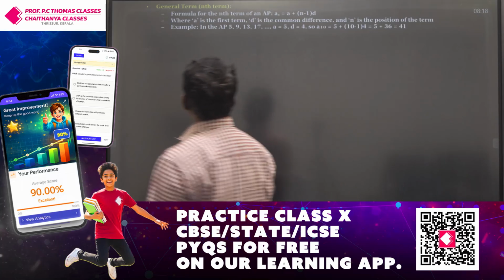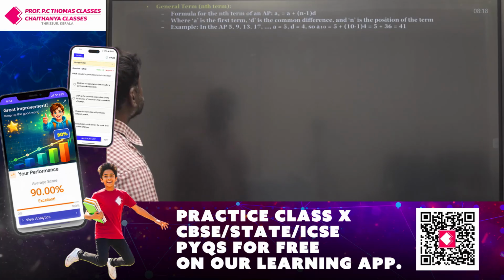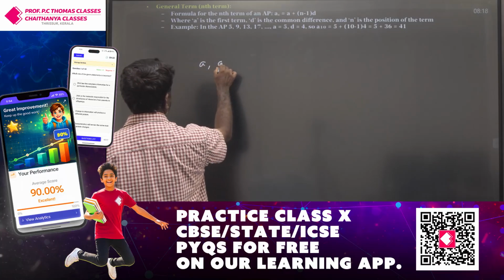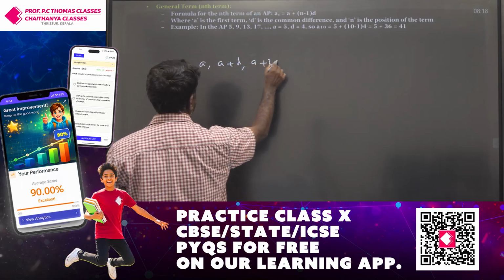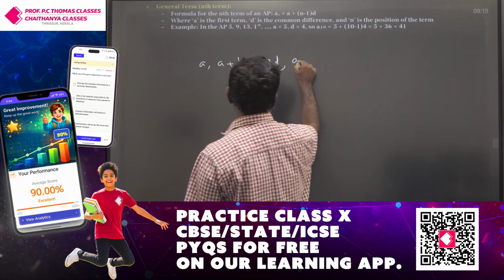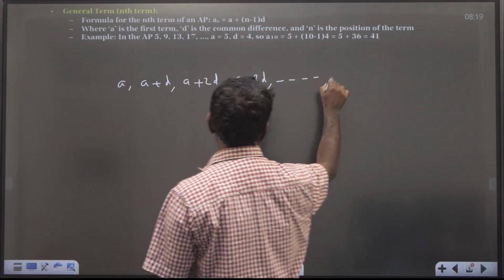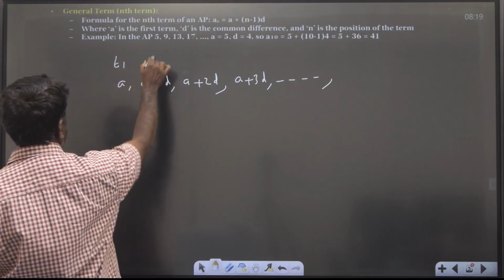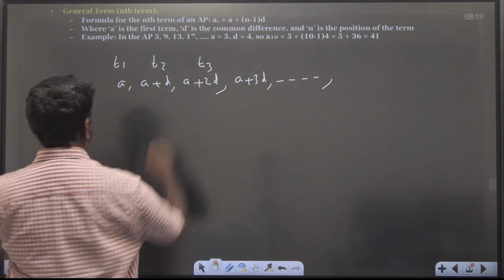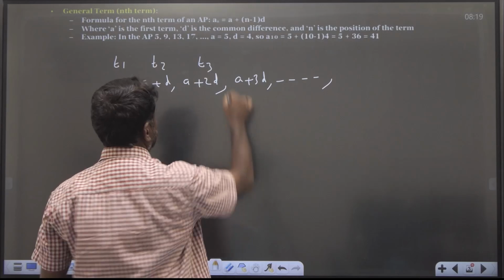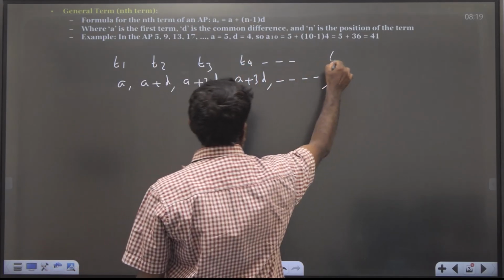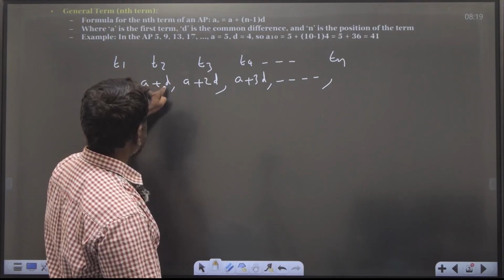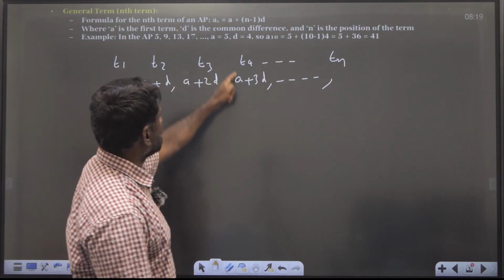Then the general term, the nth term. Suppose we have a, a plus d, a plus 2d, a plus 3d, etc. Here the first term can be called t1, then t2, t3, term 1, term 2, term 3, t4, etc. Then what will be tn? t1 is a, t2 is a plus 1d, t3 is a plus 2d, t4 is a plus 3d.